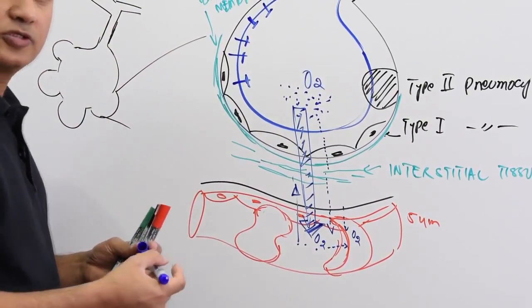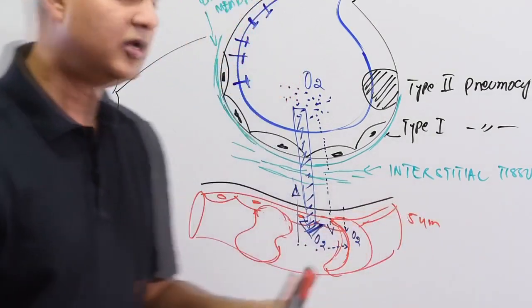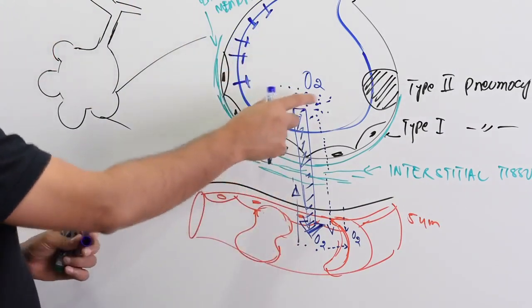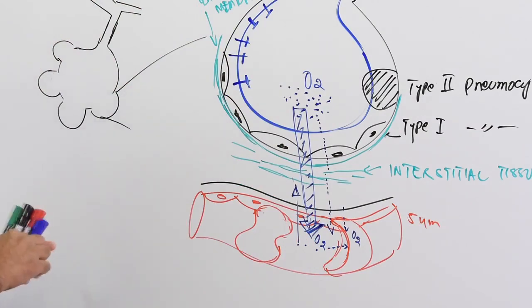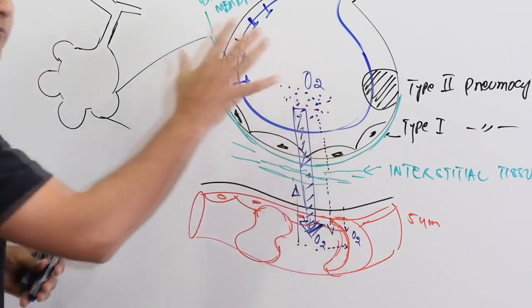These molecules don't have brains to say, oh, I'm in higher concentration here, so I'll run over there. No, it's just that they're moving in all directions, and the net direction is from higher to lower, which makes sense. It's natural. So what Fick's law tells us is what factors determine the movement of the gas.